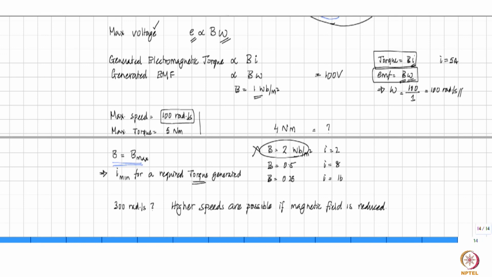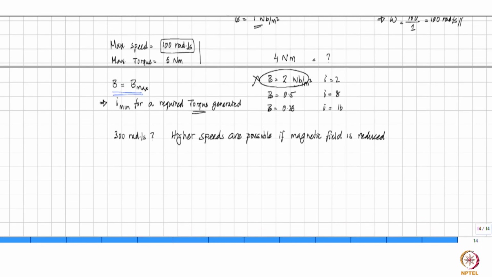As I said, this is an option available only in the second case. In the first case, where magnets are used, this is not at all an option in this particular machine. It is feasible if magnetic field can be reduced.